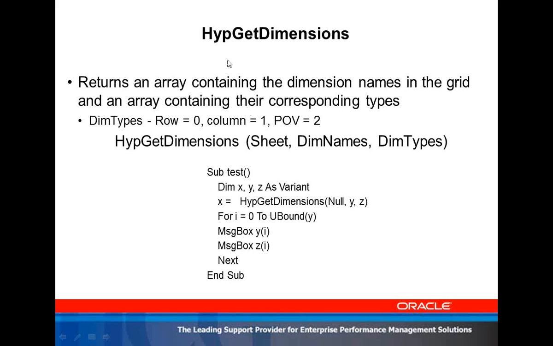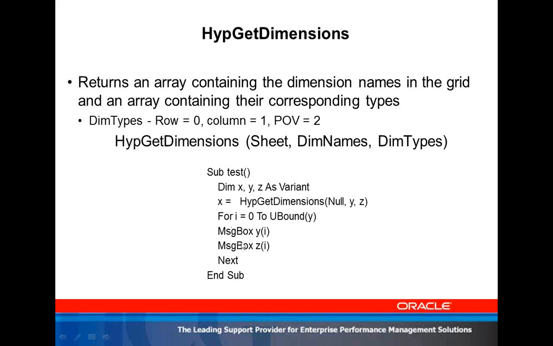When I'm automating reporting, again, I might want to know which dimensions are where. Which dimensions are in the rows, which dimensions are in the columns, which dimensions are in the POV. And I get all of that information via this HIP Get Dimensions. Go into this sheet and give me the dimension names in this variable, except it's called a variant array, and put the types, whether they're row, column, or point of view, where row equals a 0, column equals a 1, and point of view equals a 2, into that variable array.